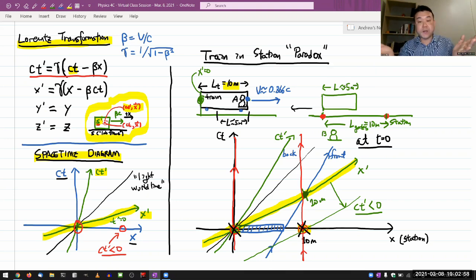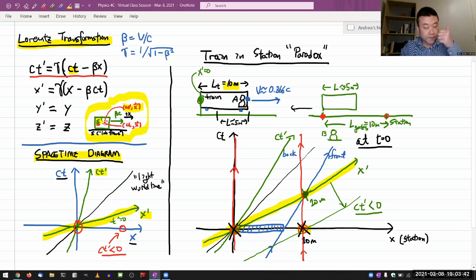So from Alice's perspective, the train never fit between these two gates closing and opening, because one gate closed and opened well before, at this point in time, and the other gate closed and opened at a much later point in time. At the space-time coordinates that are simultaneous to her, if she were to mark some spots, maybe drop a bag or something, she would be marking these two points as simultaneous in her reference frame.